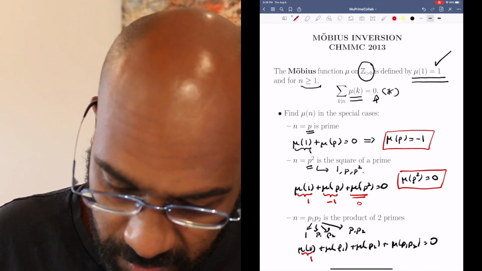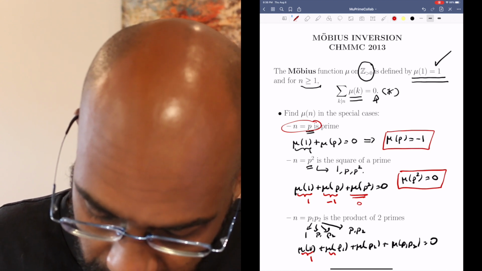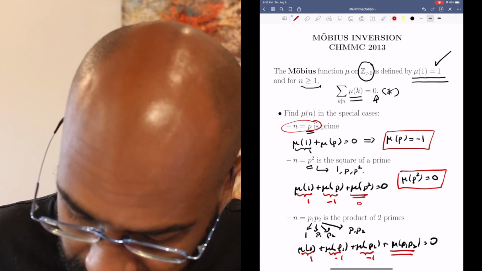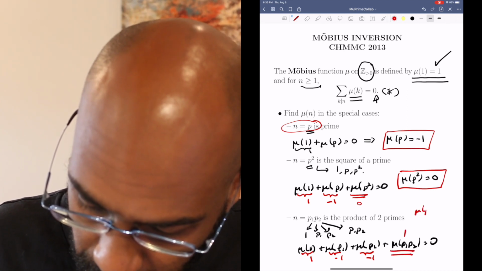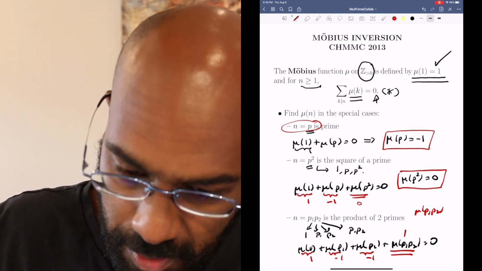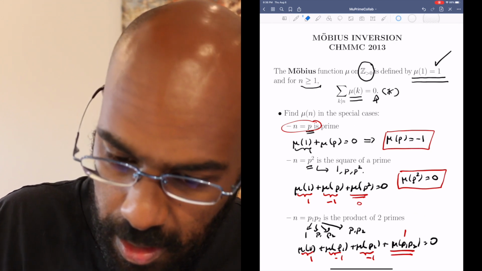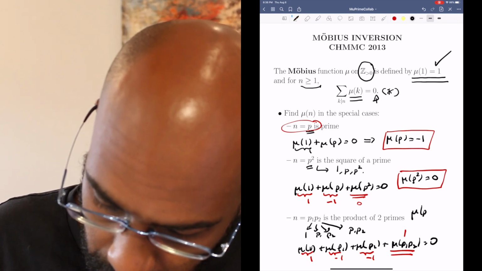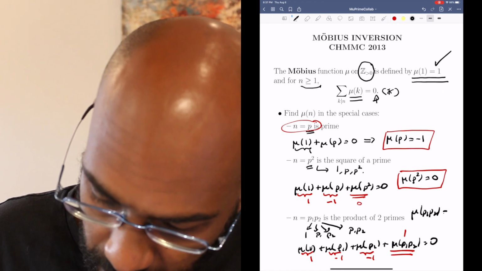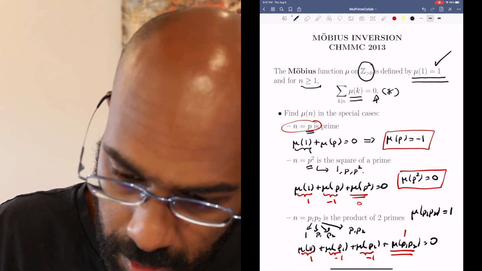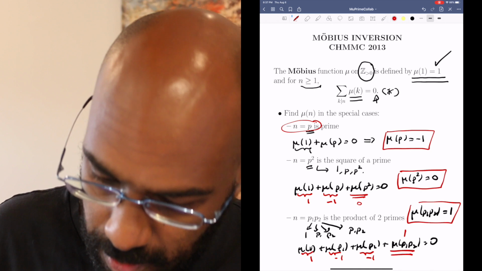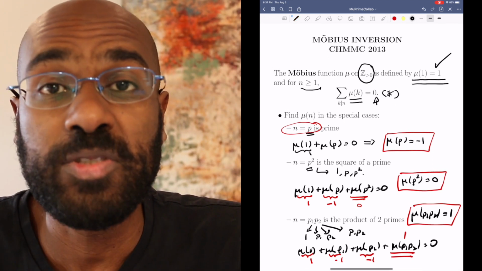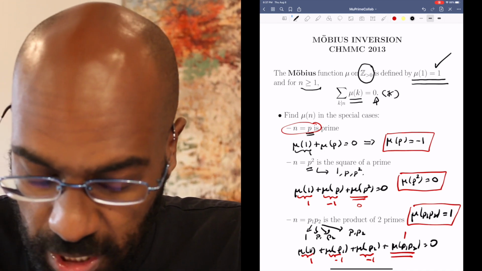And from what we developed in our first example, mu of these individual primes is negative 1. And so that tells us that this has to be 1. So mu of the product of two distinct primes is 1. Okay. All right, cool. So we get a feeling for what this function is doing on some types of numbers, and we're not sure what it's doing in general.